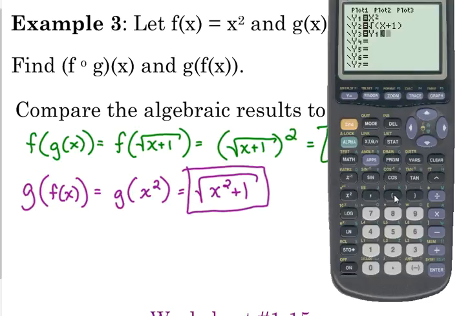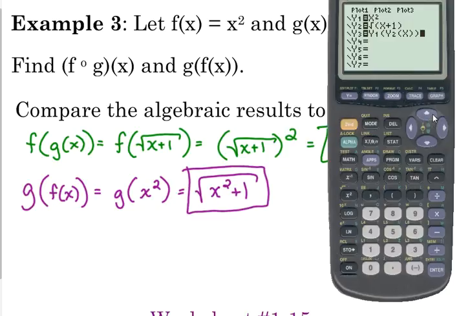So y1 of vars, yvars, enter y2 of x. I'm just putting the composition notation, but instead of using f and g, f's in y1, g's in y2. So that's the composition f of g of x.